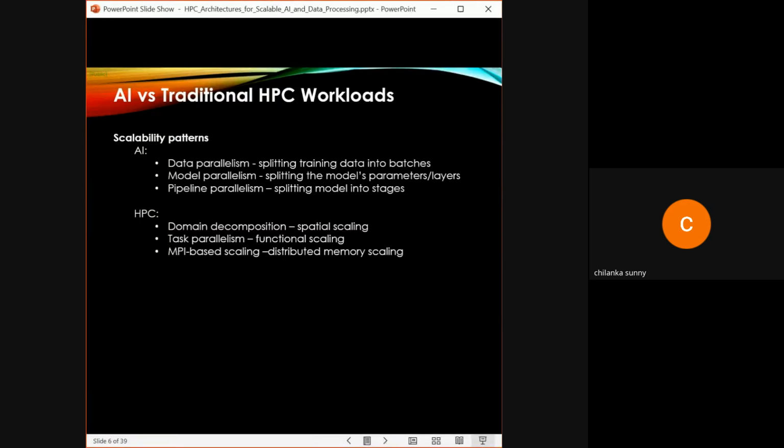But when it comes to HPC approaches, it is either the spatial scaling, or the functional scaling, or distributed memory scaling. By spatial scaling, we mean domain decomposition, which means the problem's domain is partitioned into subdomains and assigned to different processes. Each processor will be solving its local part and then exchange boundary or overlap information with the neighbors to maintain correctness.